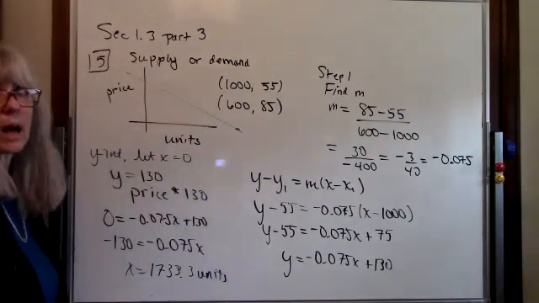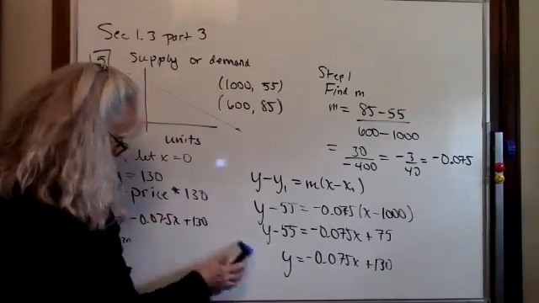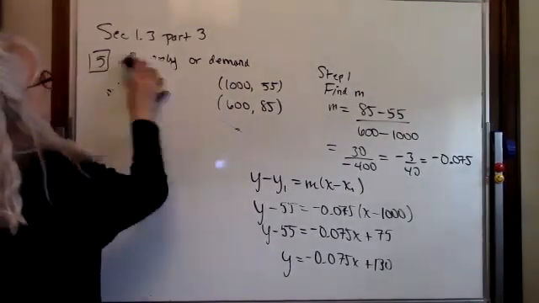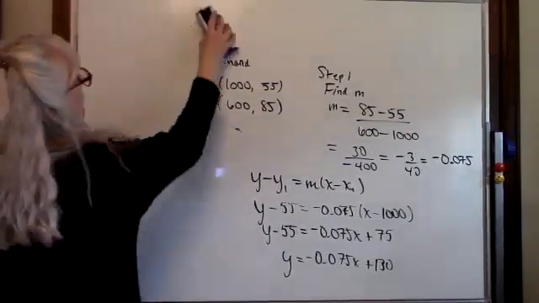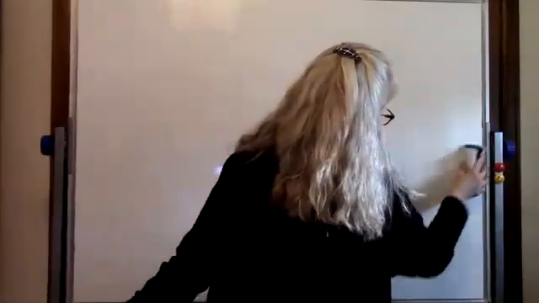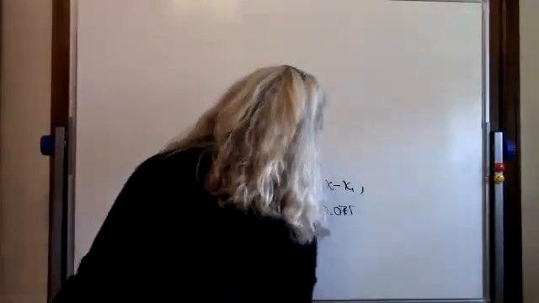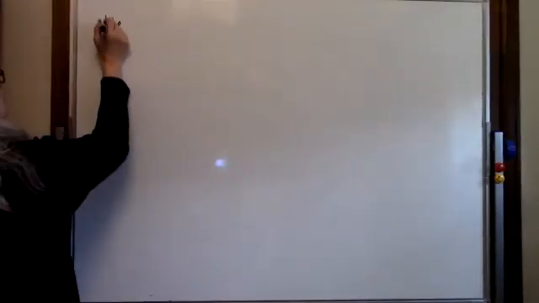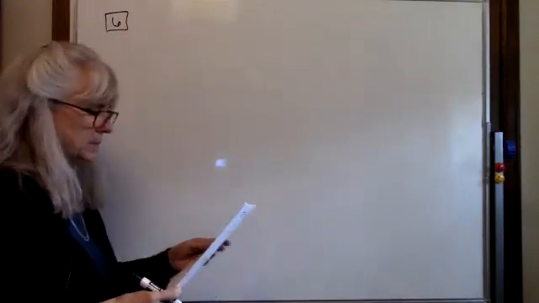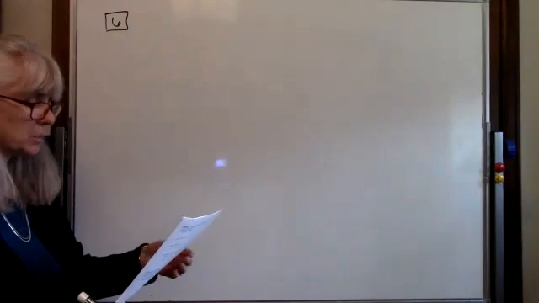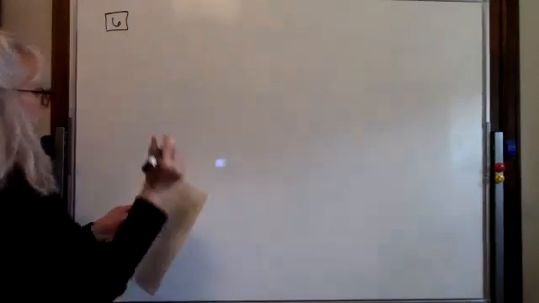Let's take a look at a supply equation. So our last example for this section, example 6, tells us that suppliers of a certain brand of digital voice recorder will make 10,000 available in the market if the unit price is 45.